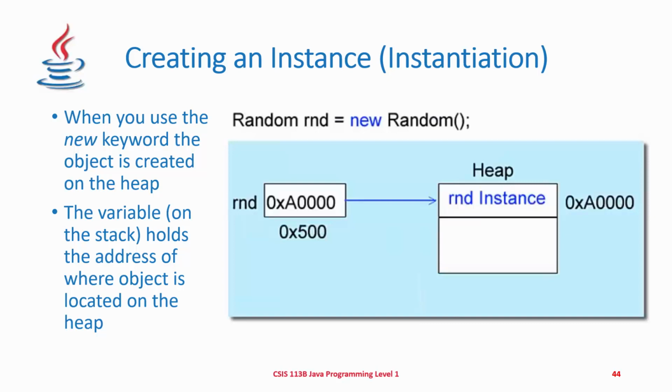But in order for the program to reference it, it needs to put a value onto the stack, and the value is what we call a reference value. The reason it's called a reference value is because we're referencing the memory location where it's being stored on the heap. So when we use RND within the program, we're actually getting that reference, that memory address, where the RND instance is being stored on the heap.